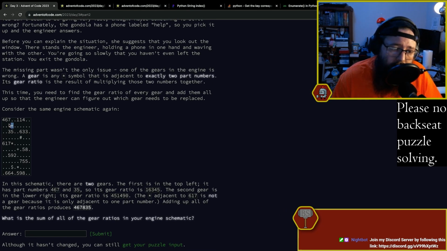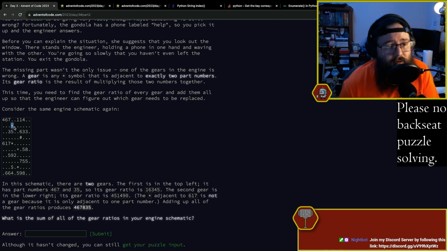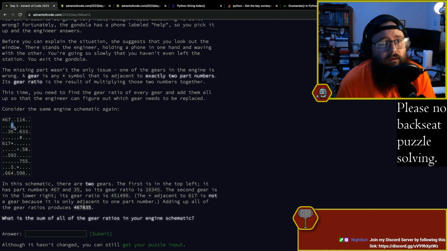Well, hold on. So these are going to be part numbers. You know that they're going to be part numbers because they're next to the asterisk.